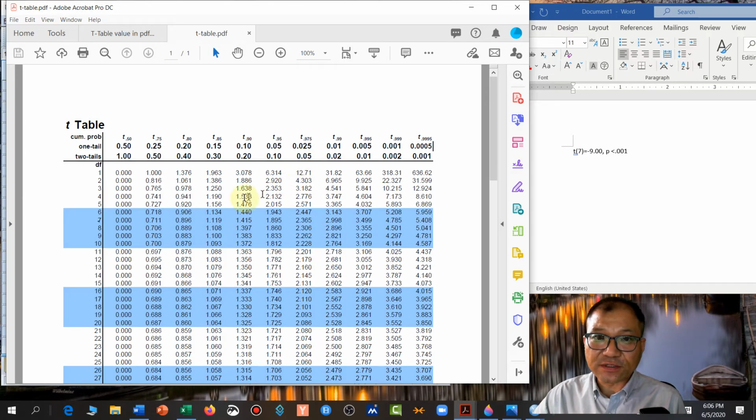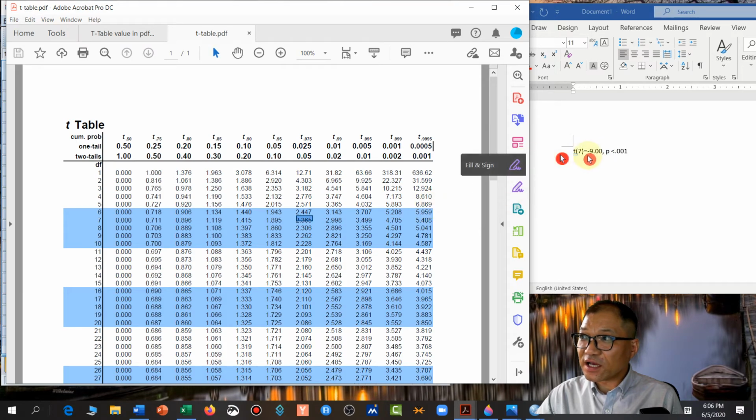Okay, so let's make sure what is the recommended t value if you have degrees of freedom at 7. Let's take a look at the t table. You can use this table for pre, post, dependent, independent t-test. It doesn't matter. A t-test is only a t-test.